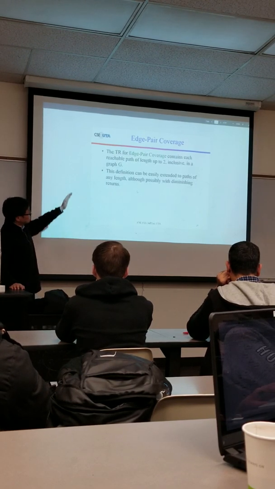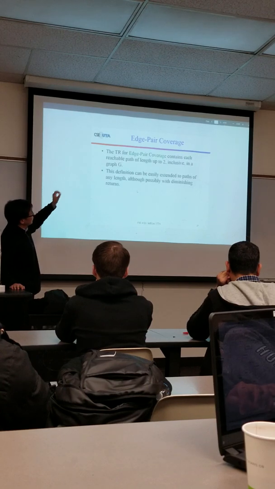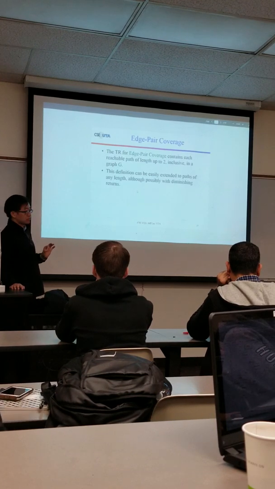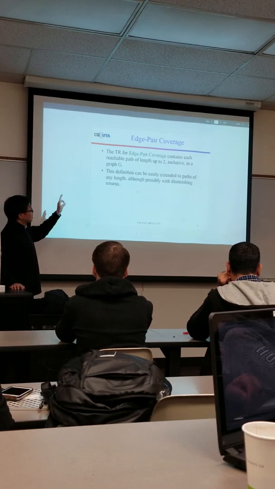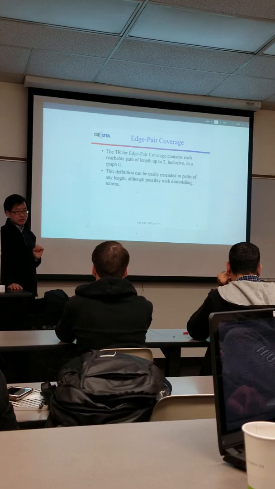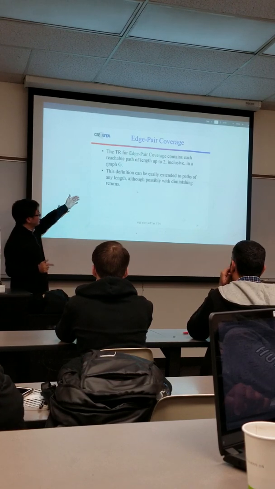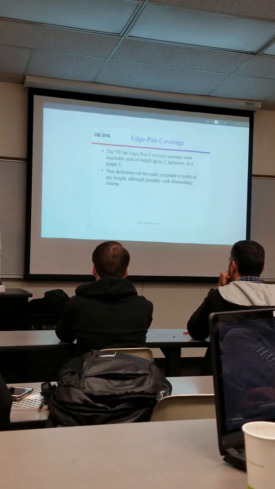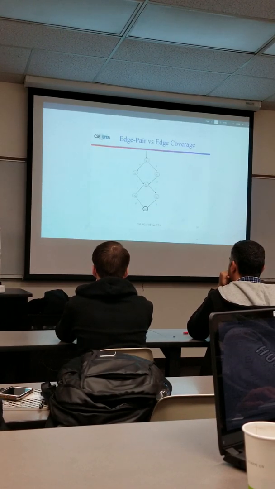So for edge pair coverage, the test requirement is that each reachable path of length up to 2, including 2, has to be tested at least once. So not only individual edges; it is a generalization of edge coverage. And we're going to look at a specific example to show what this means.